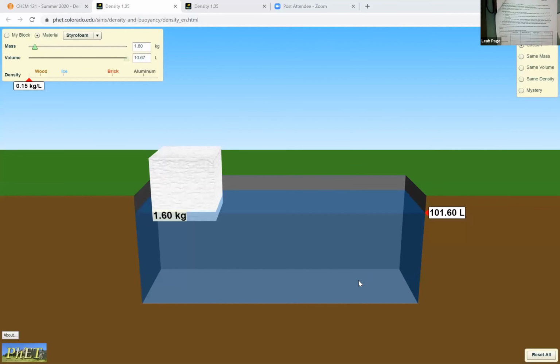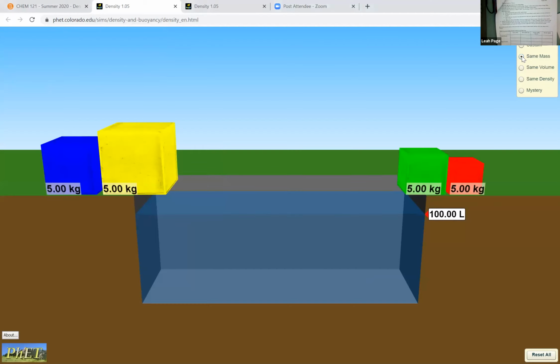All right, so for table number 2, it says now we're going to change our block settings from custom to same mass. So I'm clicking on same mass here. When we click on the same mass, it says in the chart, write the mass of the blocks pictured.